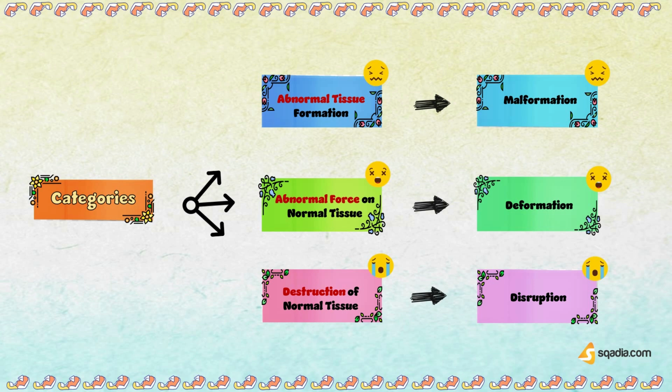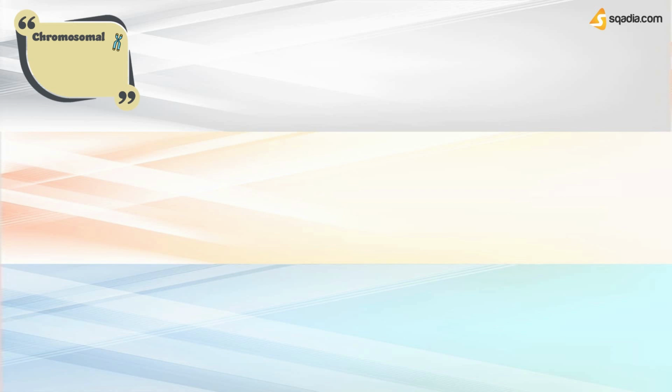Okay, class. Here we go. In case of malformation, etiology or causes are chromosomal, genetic, teratogenic, or unknown. But, ma'am, what does teratogenic mean?